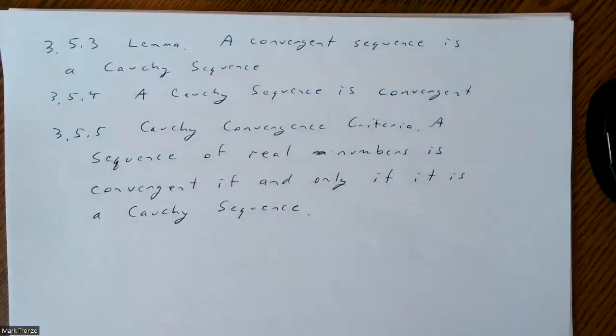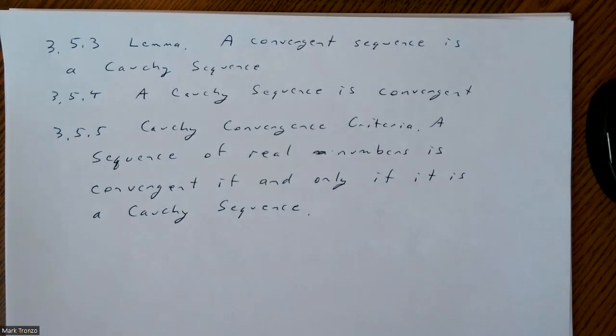And that's really the most important one of all, that puts the two together. If you have a convergent sequence, it's Cauchy. If it's a Cauchy sequence, it's convergent. And going that way is probably the most important, because sometimes you can't find the limit, but you want to prove that it's convergent. If you can show that it's a Cauchy sequence, then it's convergent.